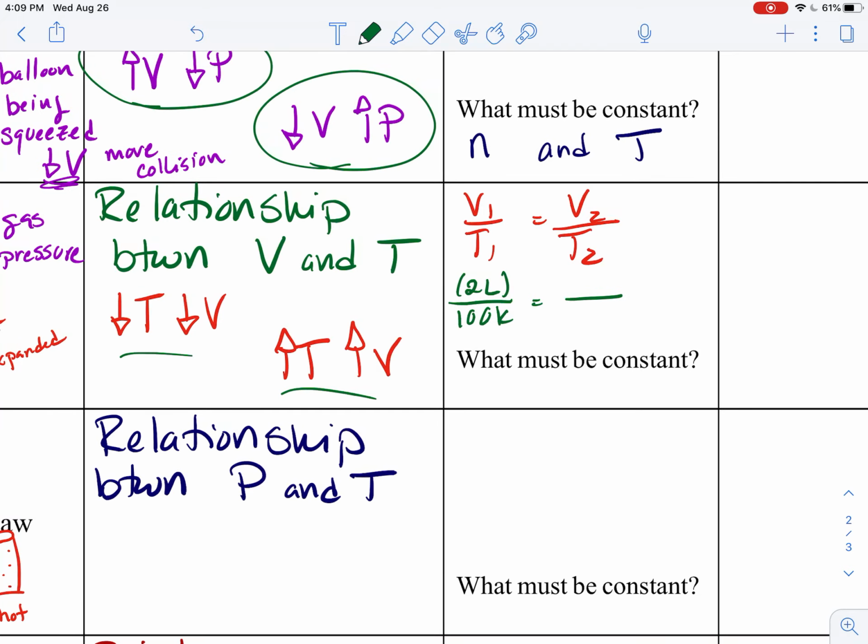Then, as you heat it up, let's say to 200 Kelvin, in order to get this side and this side to be equal, then our new volume has to be, in this case, 4 liters. So we see that as temperature went up, so did the volume. So that equation is our mathematical interpretation of that relationship.